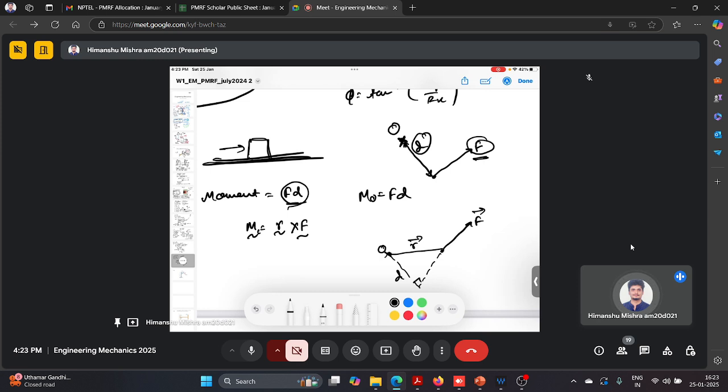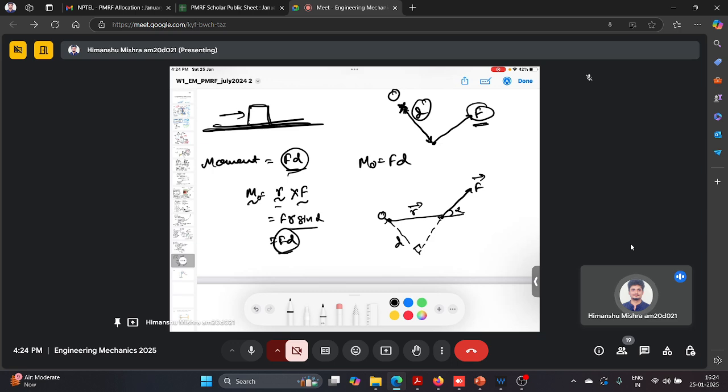At point O, you can define the moment as r cross F, which can also be defined as rF sine alpha. This is r, alpha, and r sine alpha will be d. So you can eventually arrive at the same scalar equation, Fd. So two things you need to calculate the moment: first force, and then a perpendicular distance.